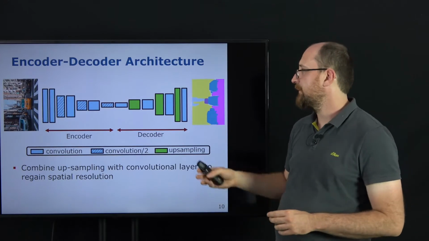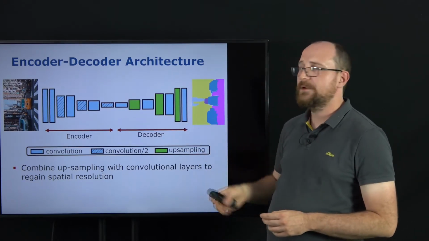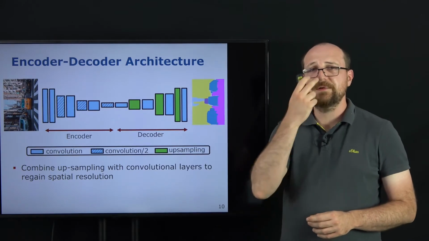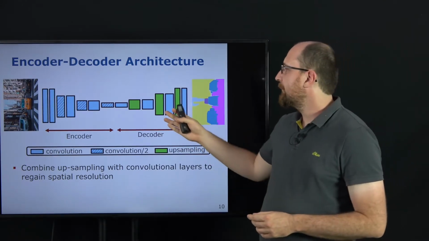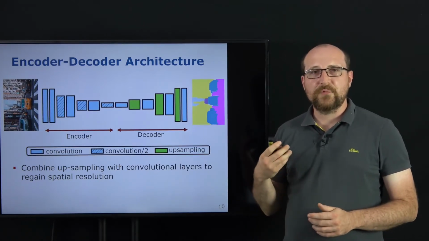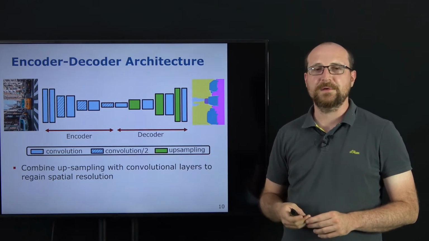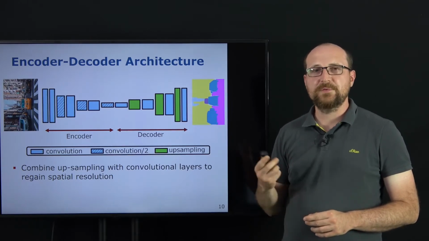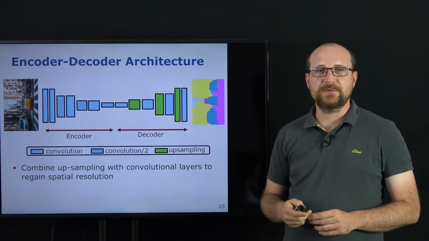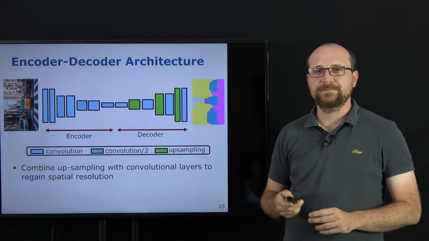This has the advantage that we are not directly upsampling to the original image size in the end, but have some convolutions in between which can then produce more fine-grained predictions. And by doing this, we're getting a higher spatial resolution of the predicted semantic segmentation mask.